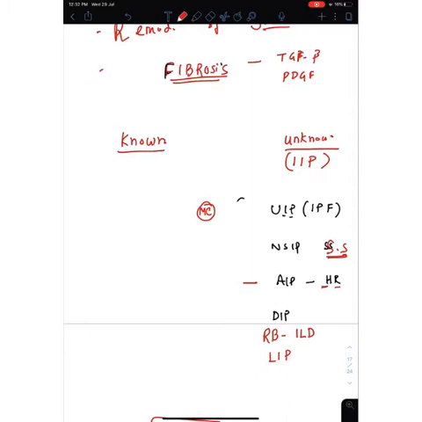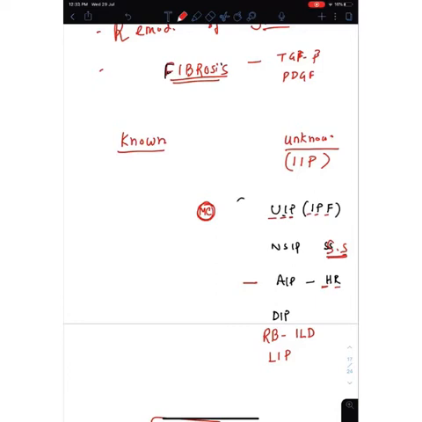Now the first type is known as usual interstitial pneumonia, otherwise known as idiopathic pulmonary fibrosis. It is the most common type of unknown cause ILD. It is the diagnosis of exclusion.